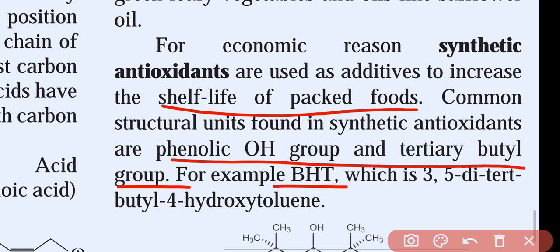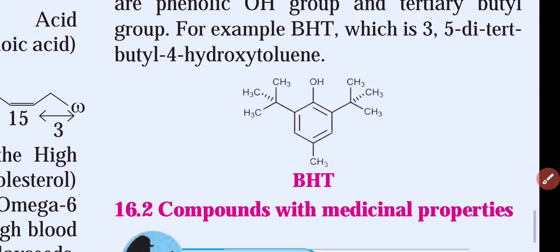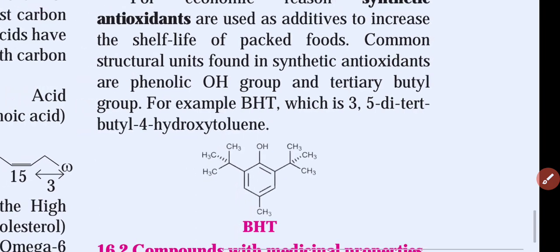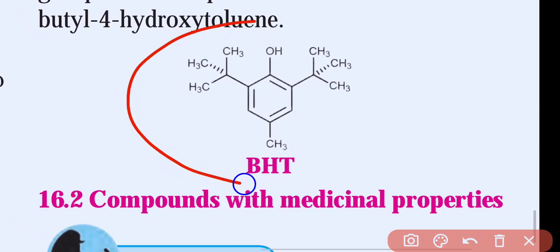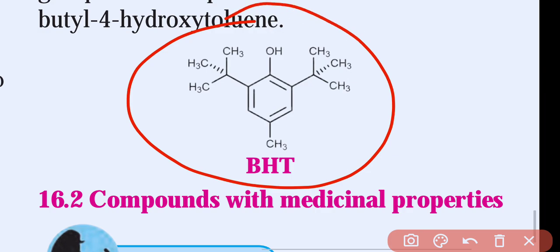See example BHT, that is butylated hydroxytoluene, which is also named 3,5-di tertiary butyl 4-hydroxytoluene. Now see the structure. This is the structure of BHT.